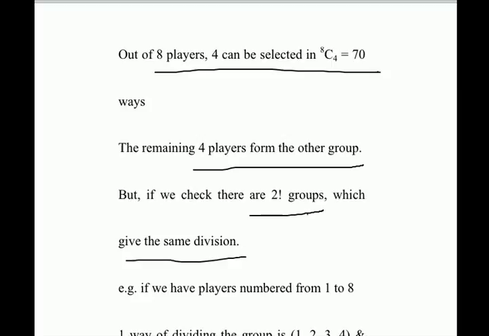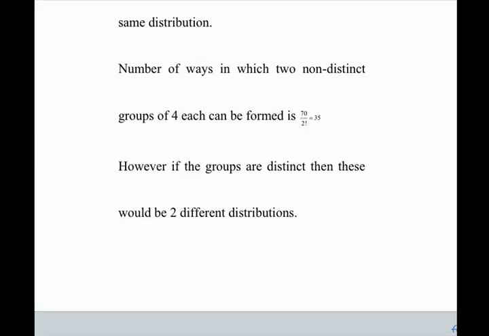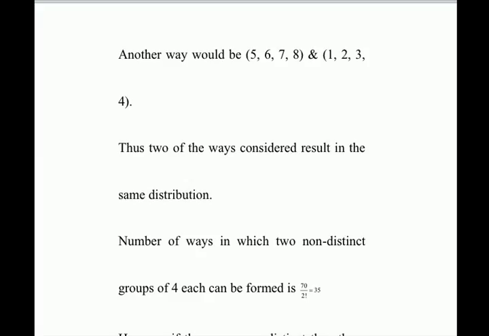If 1 2 3 4 goes to one and 5 6 7 8 goes to the other, this is the same thing as if you reverse the 2 groups. So in this case the answer would be 70 divided by 2 factorial, which is 35.